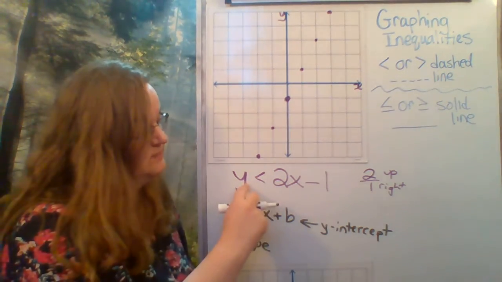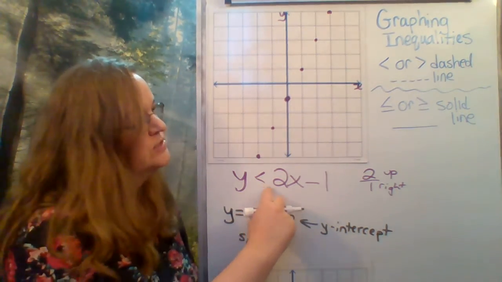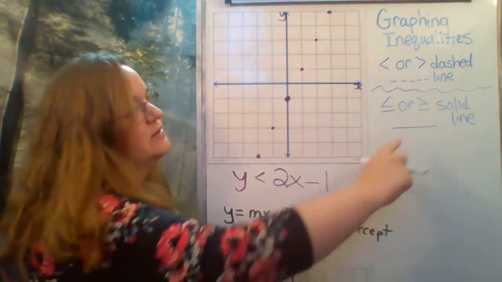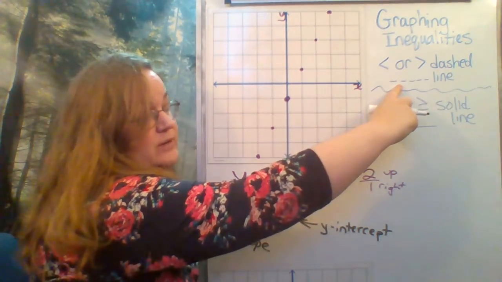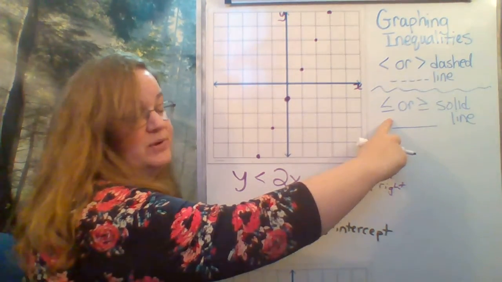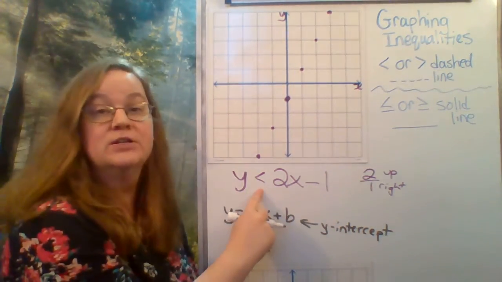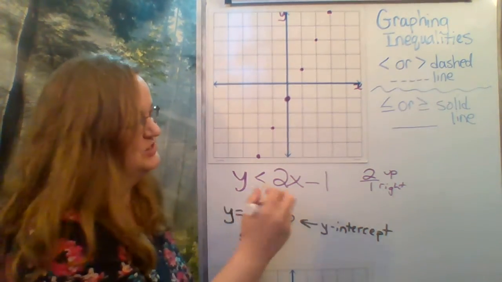That's because if y is less than this, it's not included in the answer. So the same thing's true on the coordinate graph, except that we have a dashed line for less than or greater than, or we have a solid line if it's less than or equal to or greater than or equal to. So if you take a look at this one, this is just a less than, so I have to have a dashed line.